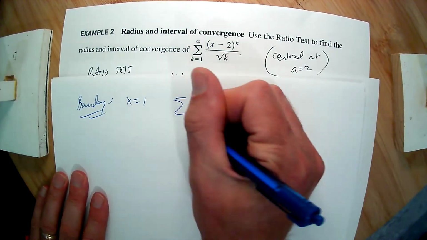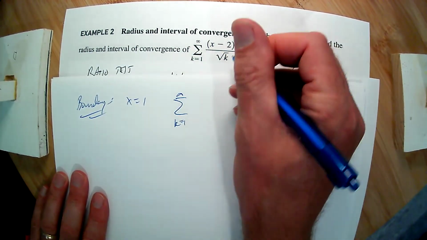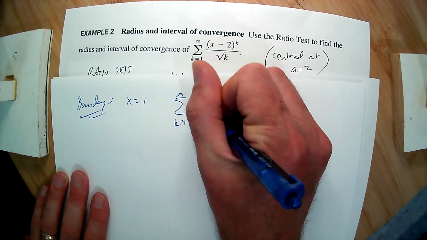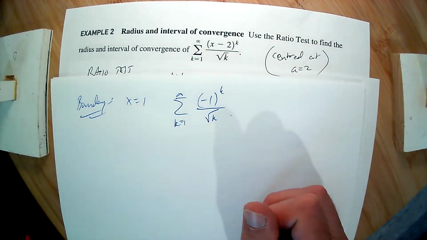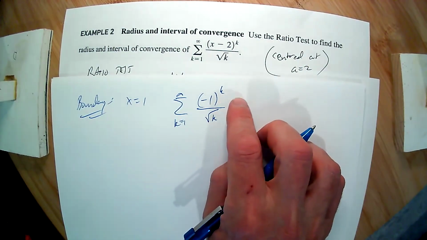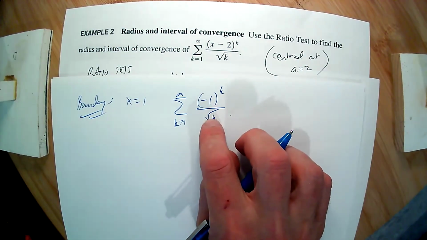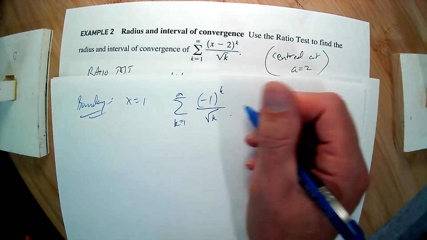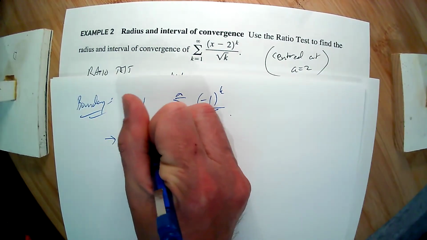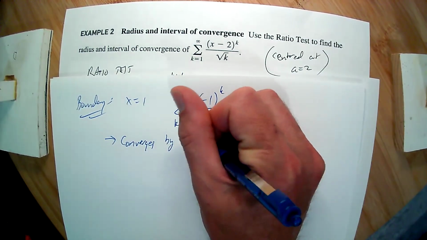Well, this becomes now the sum, k goes from 1 to infinity, of negative 1 to the k divided by root k. Okay, so what does that look like? Well, this is an alternating series because of this minus 1 to the k. The terms are decreasing and go to 0, right? So my claim is that this converges by alternating series test.